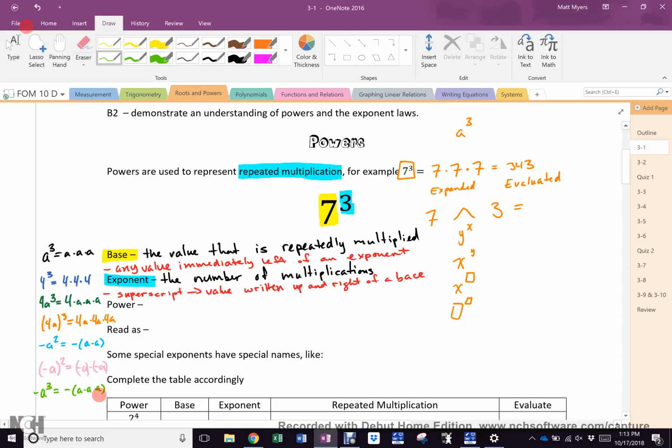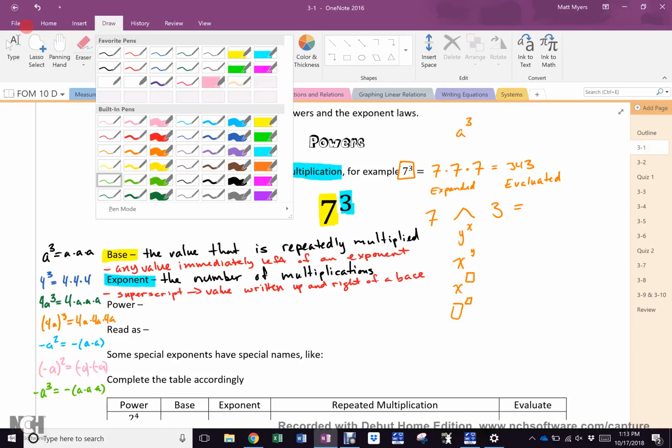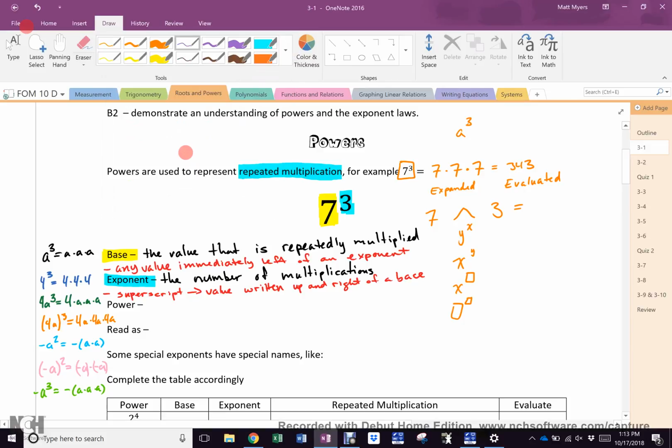Will the answer be positive or negative? Negative. And finally, running out of colors, the purple line. Negative a cubed. Negative a times negative a times negative a. What will the answer be? Negative. Is everybody good? Good.